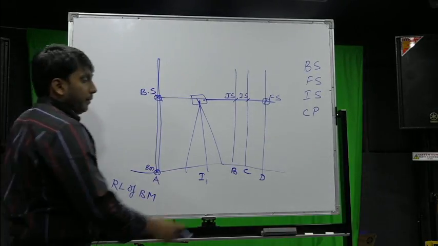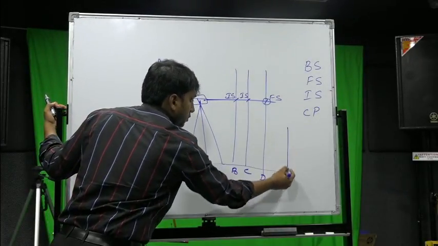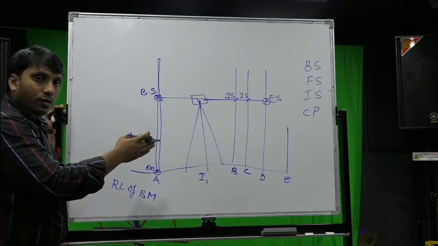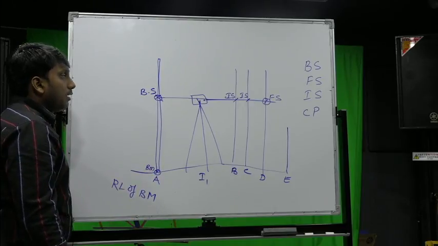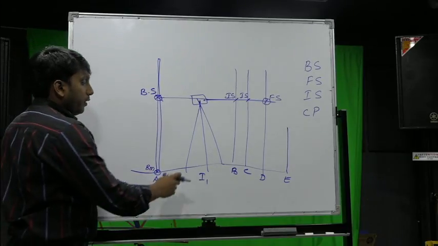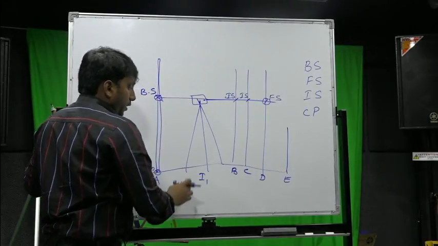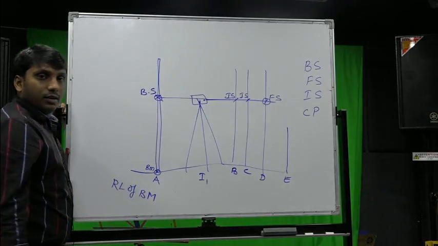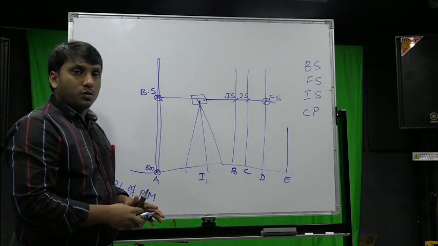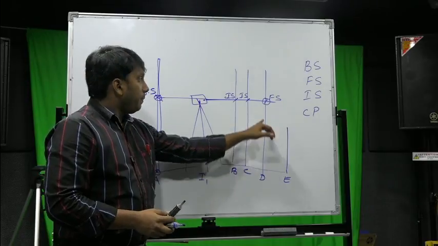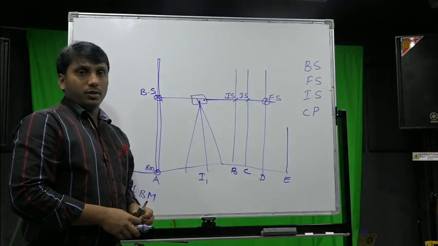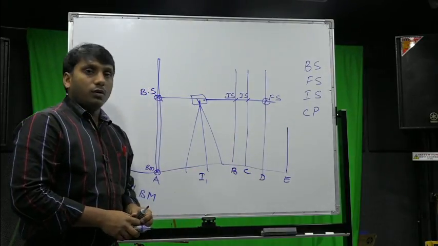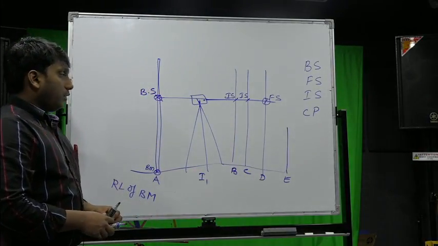From instrument 1, after D you have some other point E. If you are not able to see E because of any curvature or obstacles, then you need to change the instrument from here to after D. When you are going to change the instrument, the last staff reading is noted as foresight.